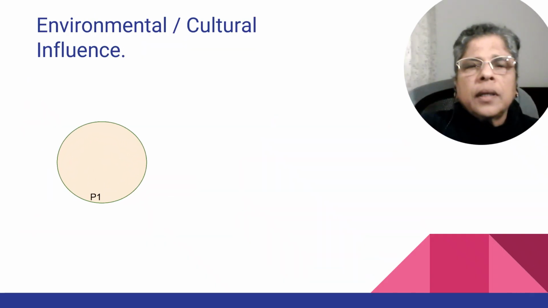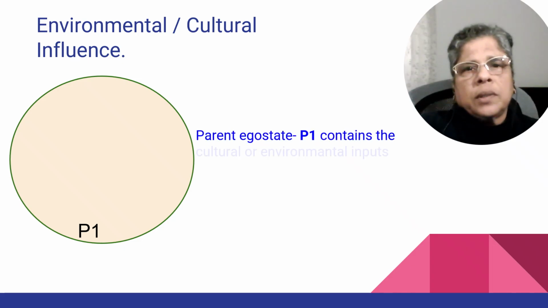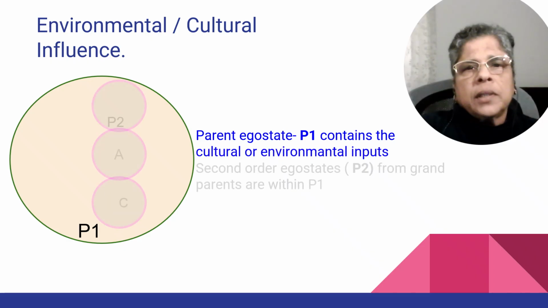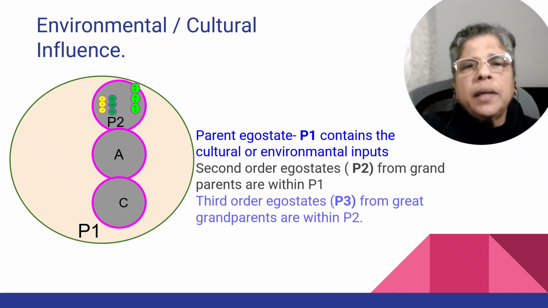Similarly, you can see here that the cultural influence also has multiple aspects to it. The so-called P1, which is a manifestation of whatever a person has learned from the parents. Inside the P1, there are multiple parental figures who have brought up a child. So multiple influences are even within the parents.